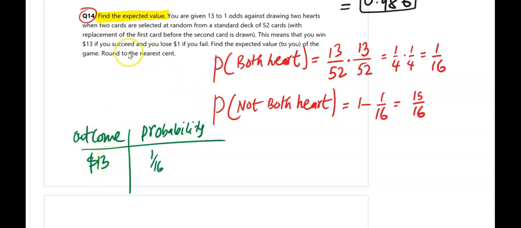Notice that if you get both hearts, the probability of both hearts is 1/16, and you get $13. If you did not get both hearts, you lose $1, so the outcome is negative $1 to you. What's the probability of that? It's 15/16.